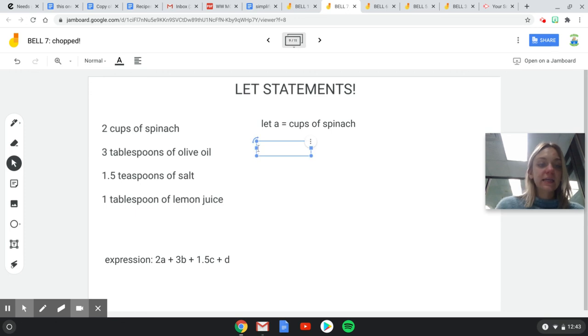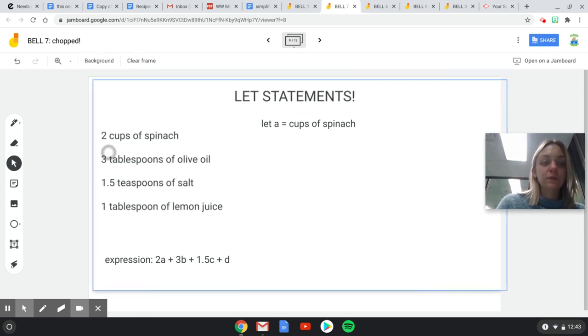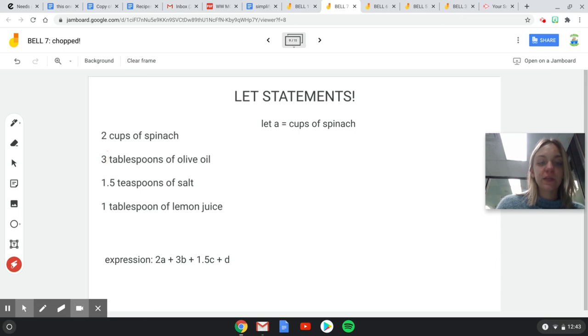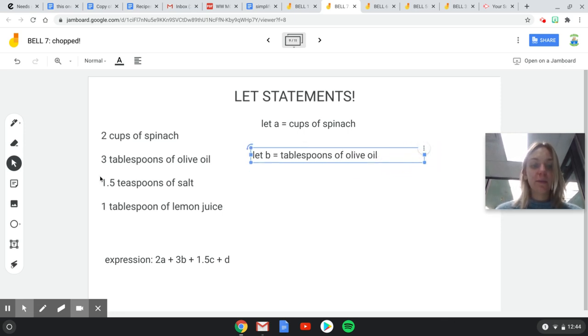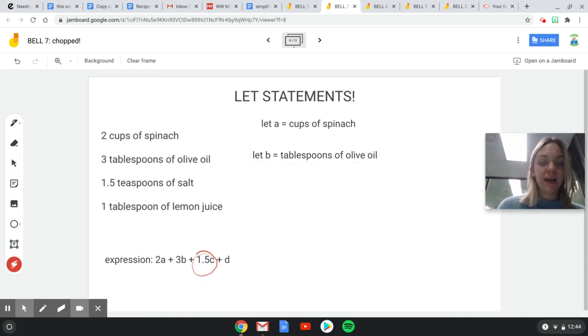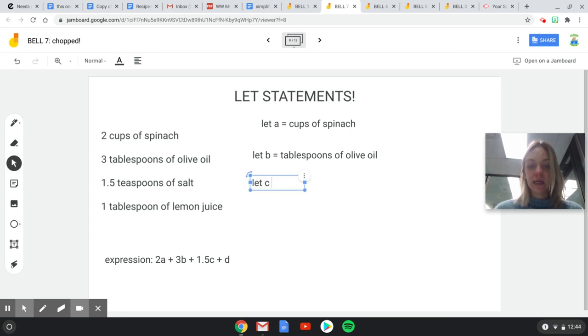So the next is tablespoons of olive oil. So I've got 3 tablespoons. When I look in my expression, I see that the coefficient for B is 3, which means I'm going to let B equal tablespoons of olive oil. Next, I have 1.5 teaspoons of salt, and if I'm looking at my expression, I see that 1.5 is the coefficient for the variable C. So I'm going to say let C equal teaspoons of salt.